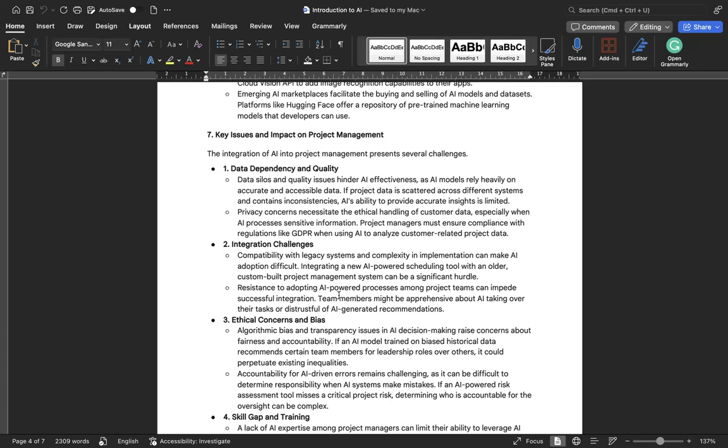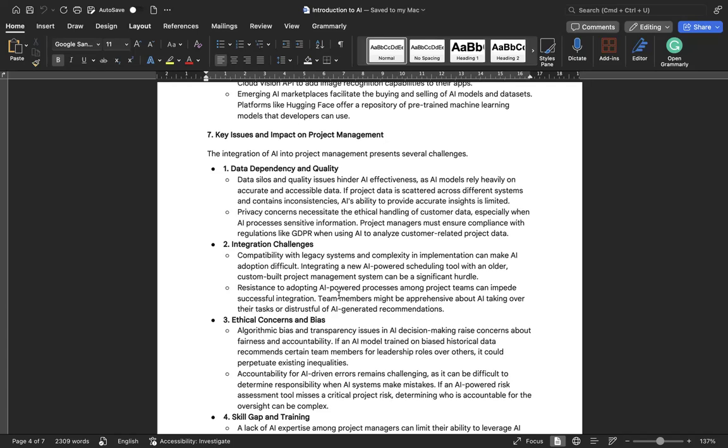So anyway, when it comes to the impact on project management, we might have to consider the quality of data, the data dependency, and the integration challenges. Compatibility with legacy systems and complexity in implementation can make AI adoption difficult, and integrating a new AI-powered scheduling tool with a custom-built project management system can be a significant hurdle as well.